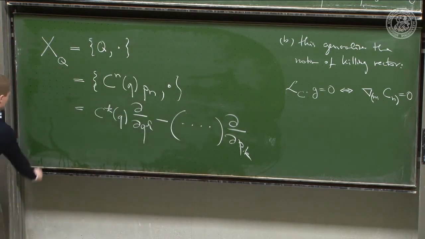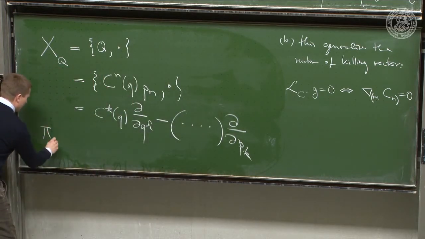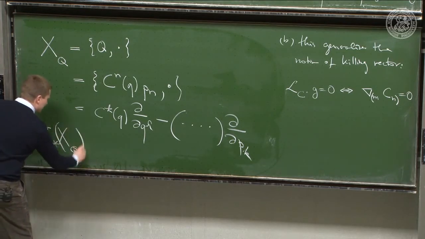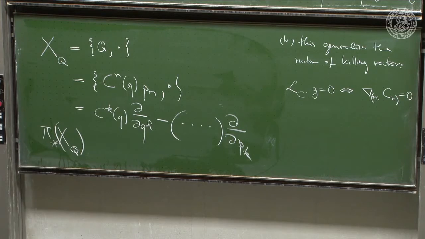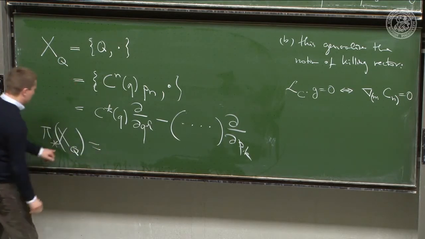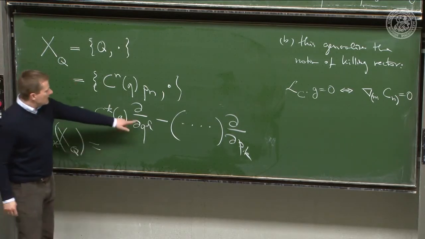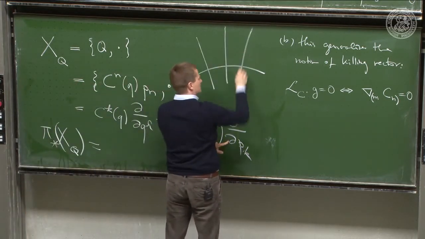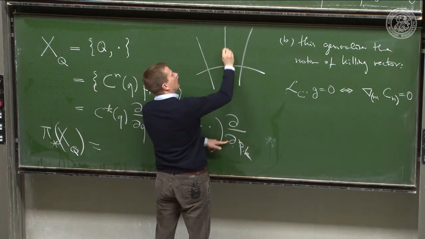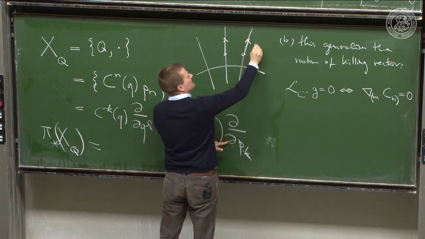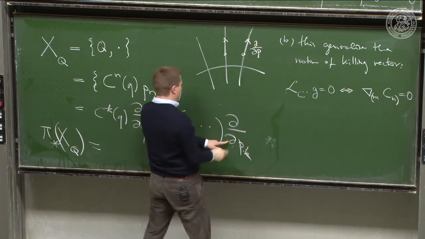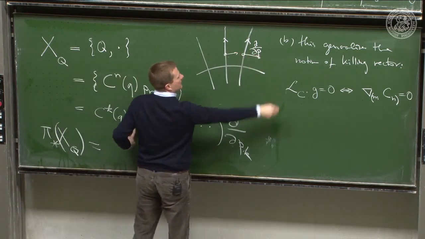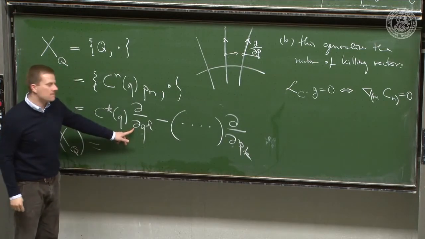But now we want to check whether the push forward of this X_Q exists in the first place. Well, what's the push forward? If you have the bundle and these are the fibers, these tangent vectors are always in the direction of the fibers. These are the d by dp's. And these tangent vectors, d by dq's, are always in the direction of the base manifold.